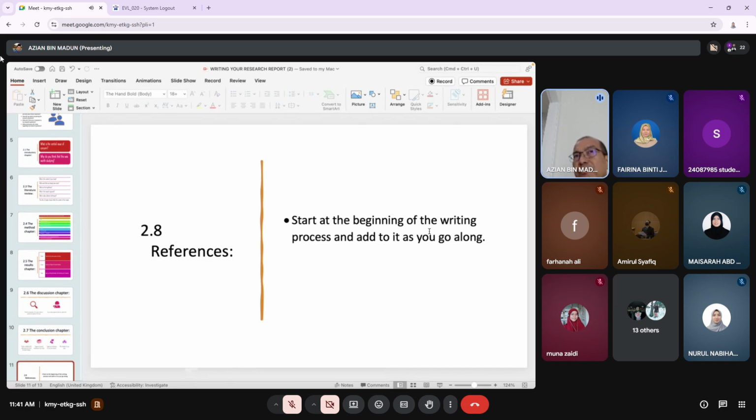But if you're doing business, management, economics, the style is usually Harvard or APA, I mean author-date. Whereas if you're doing history, law, maybe sociology, they like to use footnote and not author-date style reference.